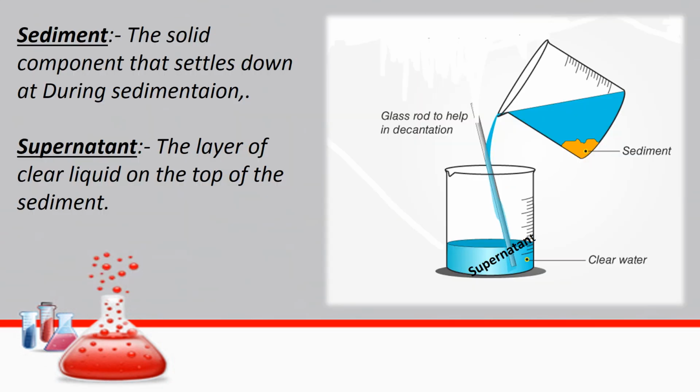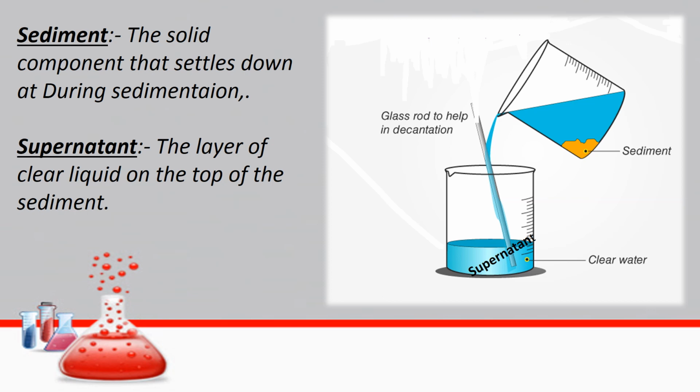Now, what is sediment and what is supernatant? During the process of sedimentation, the mixture is kept undisturbed for some time so that the heavier insoluble solid components settle down at the bottom of the mixture due to the force of gravity.